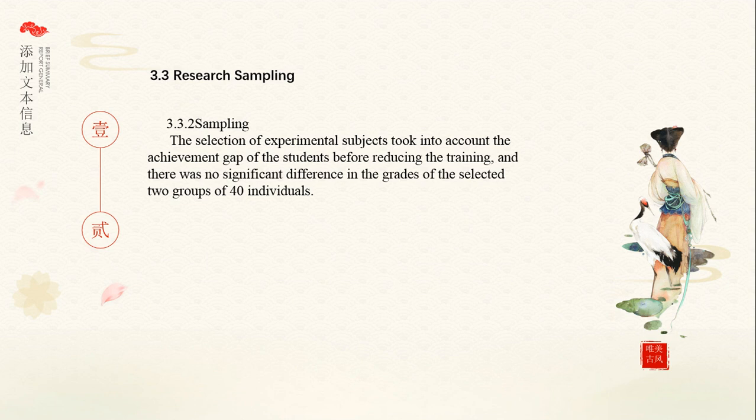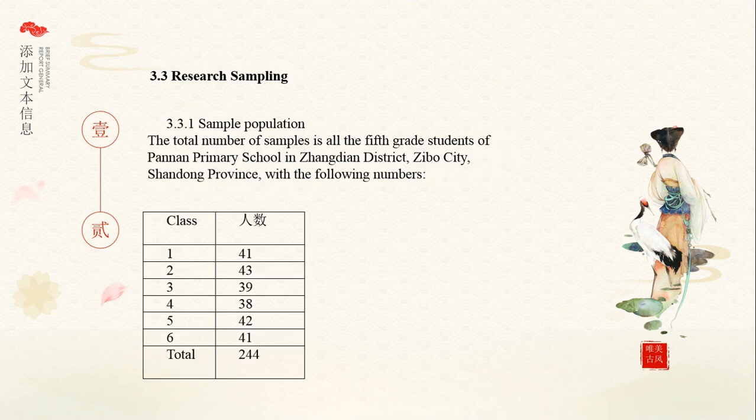And next is the research sampling. First, the sampling of experimental subjects took into account the achievement gap of the students before the training, and there was no significant difference in the grades of the selected 2 groups of 40 individuals. This is a simple population with the following numbers in this chart.